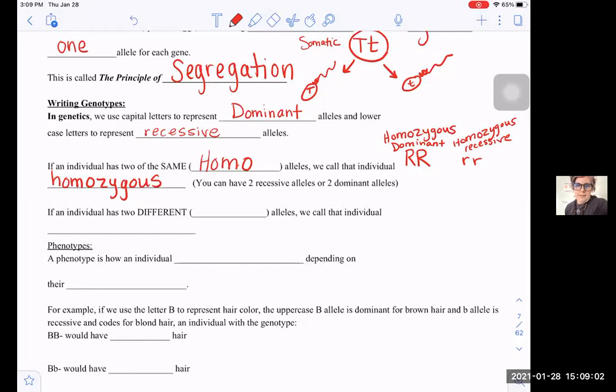All right. Next up is if an individual has two different alleles, and the prefix for different is hetero, then we call that individual's genotype heterozygous. So big R, little r.